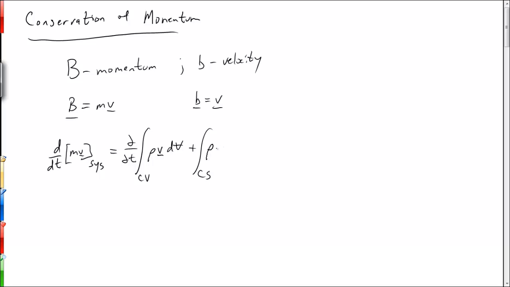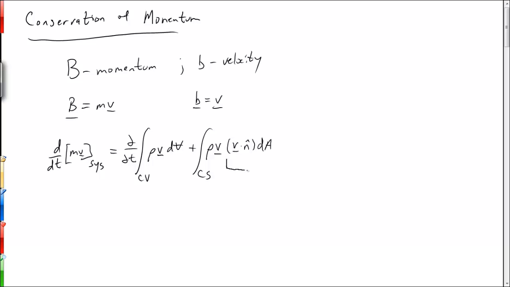So we substitute in B and we get rho v dot n hat dA. This last term is a little bit confusing because we have two velocities in there.